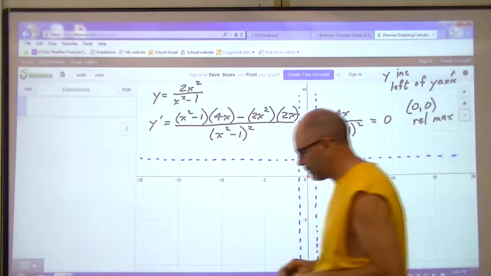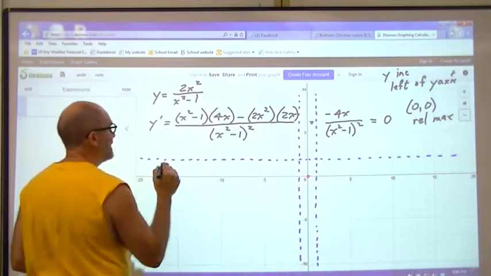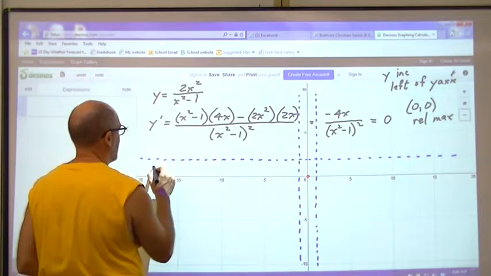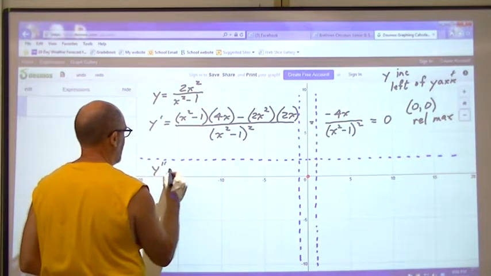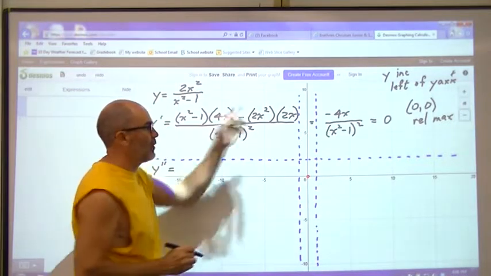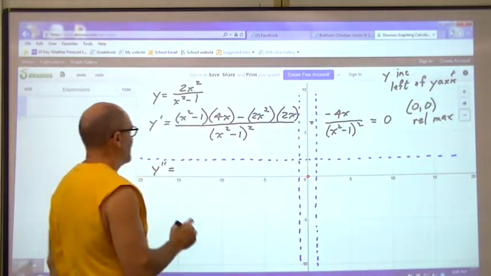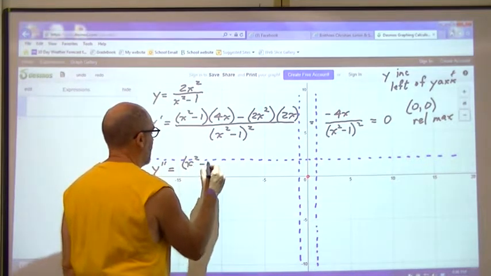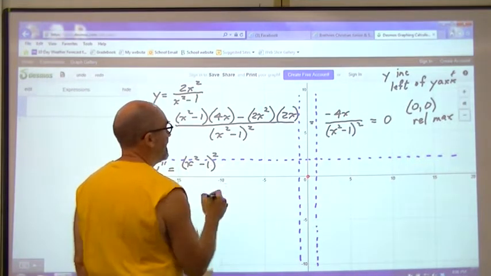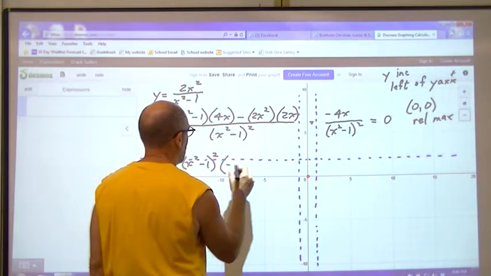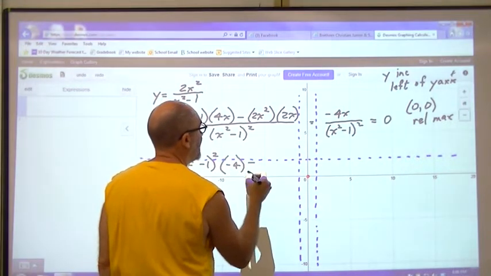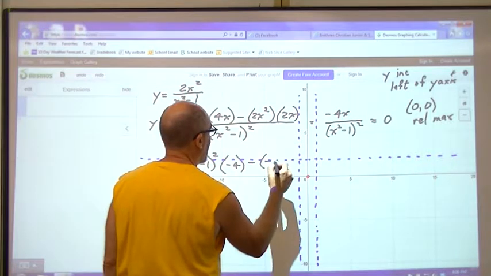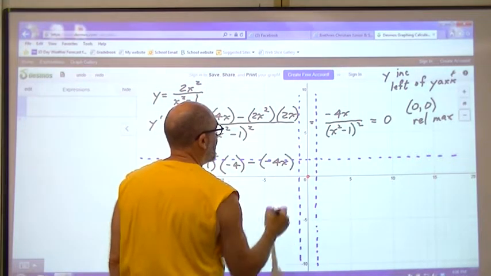So y double prime is going to be the derivative of y prime. So I go low d high minus high d low.